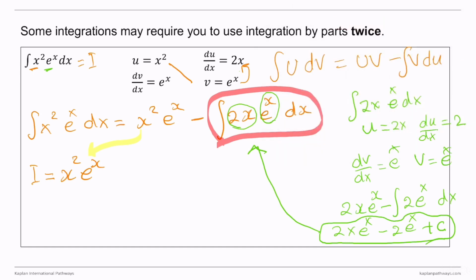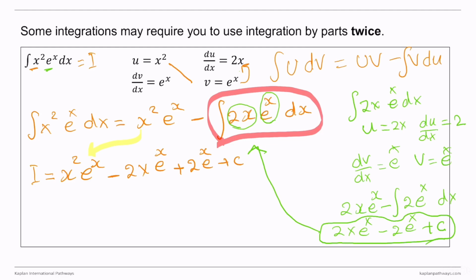Then minus all this green thing, so it's minus 2x e to the power x, then minus times minus is plus 2 e to the power x plus c.